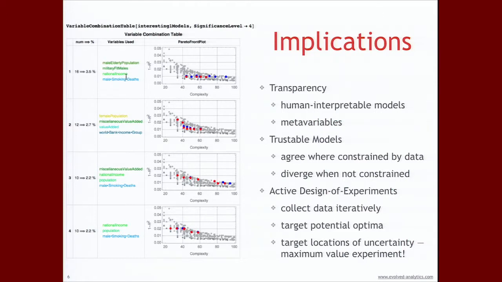So the implication here is the transparency that we're looking at human interpretable models. Rather than a black box or a neural net or something like a random forest or a support vector machine, we're getting something where we can look at the equation or the expression describing the response behavior and say, well, that's funny, or what does that mean? We also have the ability to look at the models and say, are there building blocks that are successful in terms of good models?